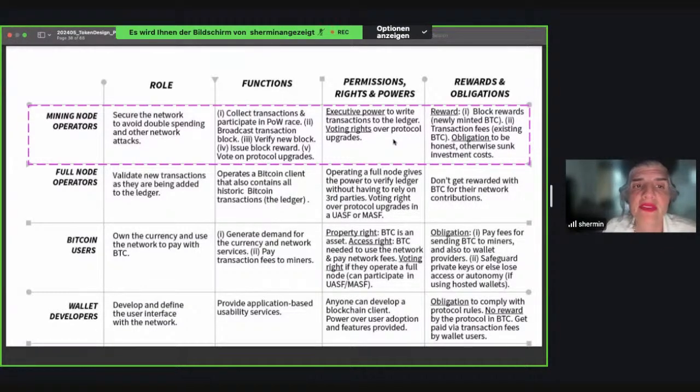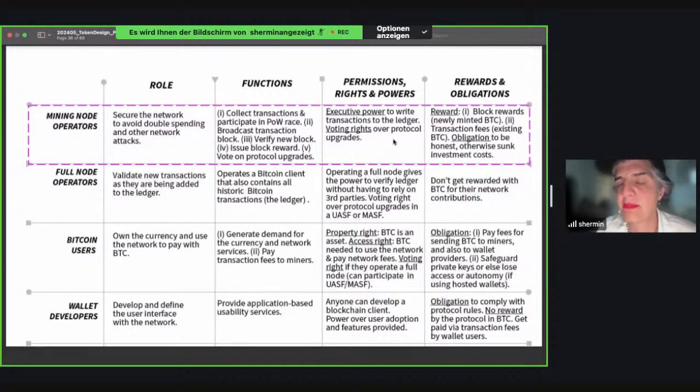Mining node operators secure the network to avoid the double spending problem, what we discussed before. They collect the transactions, participate in the proof of work race, broadcast transaction blocks, verify new blocks, and issue the block reward, if they were the winning miner, and they can vote on protocol upgrades by adopting a new protocol or not adopting a new protocol.